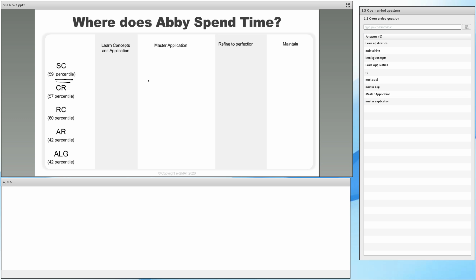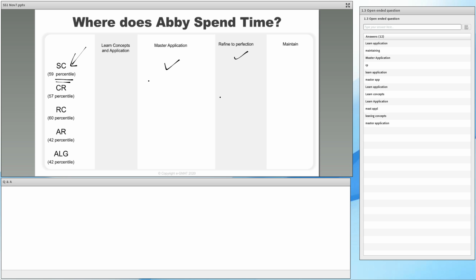Okay. So, as many of you have said, she'd focus a good chunk of her time over here and over here in this case. She probably knows most of the concepts. Remember, she already is starting at the 60th percentile. If she is Abby, if she were to buy an e-GMAT course tomorrow, I wouldn't ask her to go through the concept files.